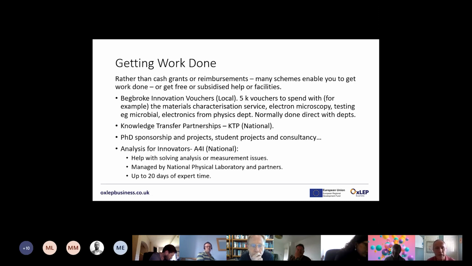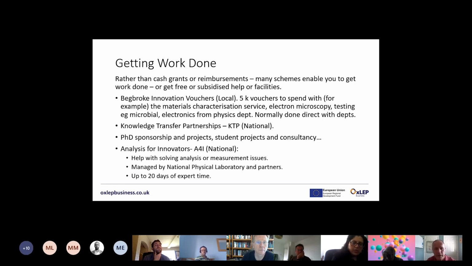The University of Oxford has its Begbrook Innovation Science Campus, Science Park, and there's a scheme that runs through there where it's a voucher scheme, so you can get a body of work done by an appropriate scientist or get some testing done by an appropriate service like materials characterization. Now that won't be for everybody, but it's an example of where you can get work done and don't have to do it yourself or fund it yourself.